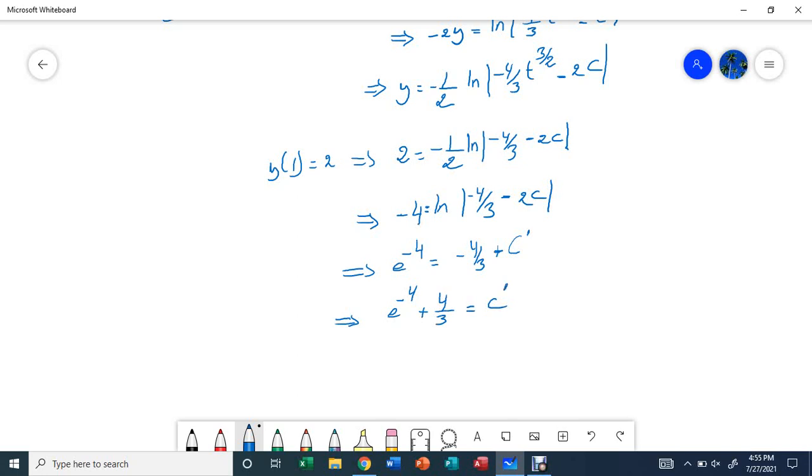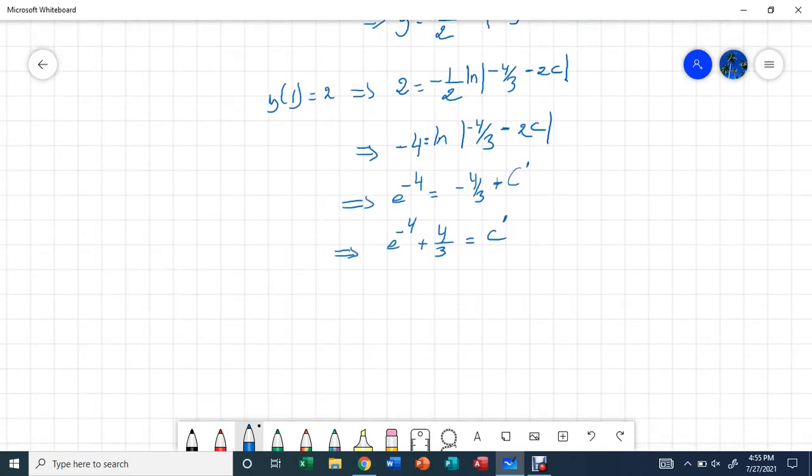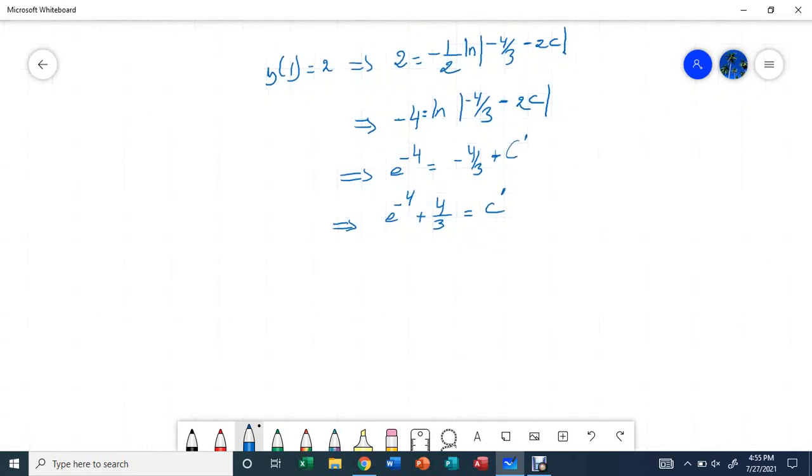Now the final answer, or the general solution for this differential equation, is y of t equals negative 1/2 natural log of negative 4/3 t to 3/2 plus that constant, which is e to negative 4 plus 4/3.